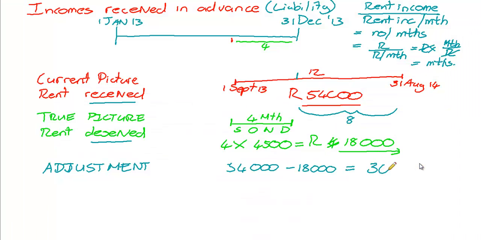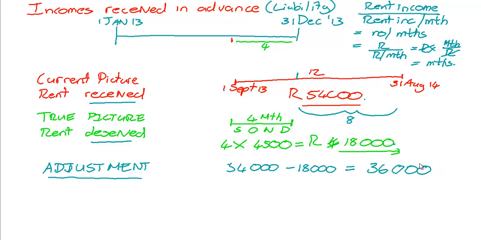This is the rent adjustment that we need to make to the rent income, because the current picture shows 54,000, but that is not the correct picture. The correct picture is this 18,000. So to get it from the 54 to the 18, we had to minus this 36,000.